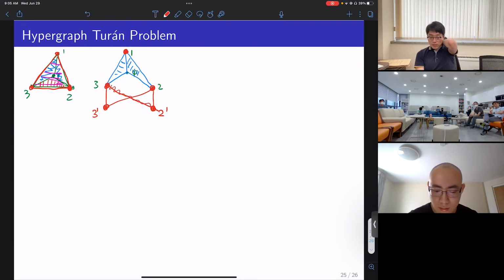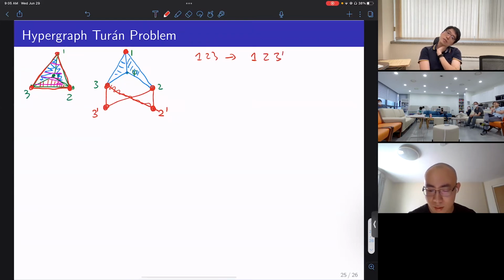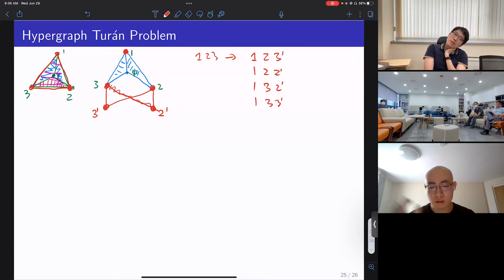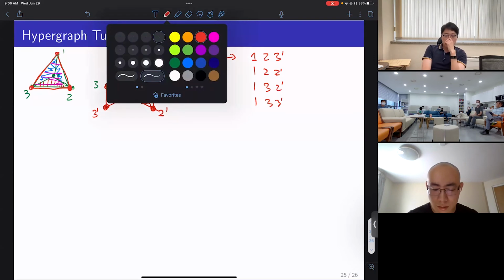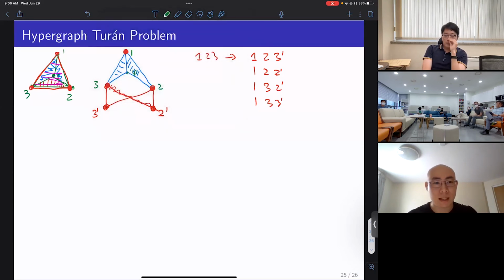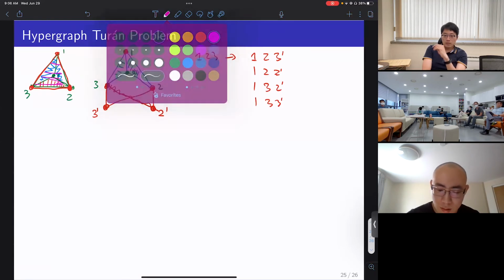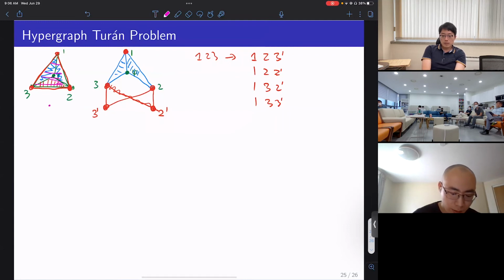So now 1, 2, 3 becomes 1, 2, 3', 1, 2', 3 and so on. One edge now becomes 4 edges. This is for vertex 1. For vertex 4, this edge contains both 2 and 3.